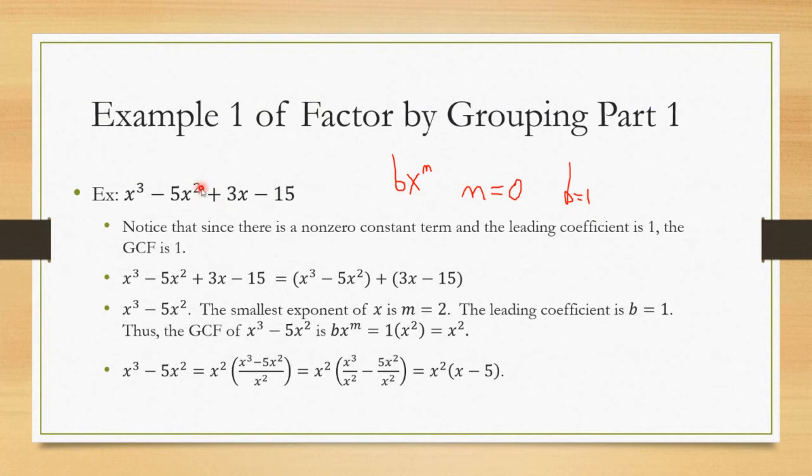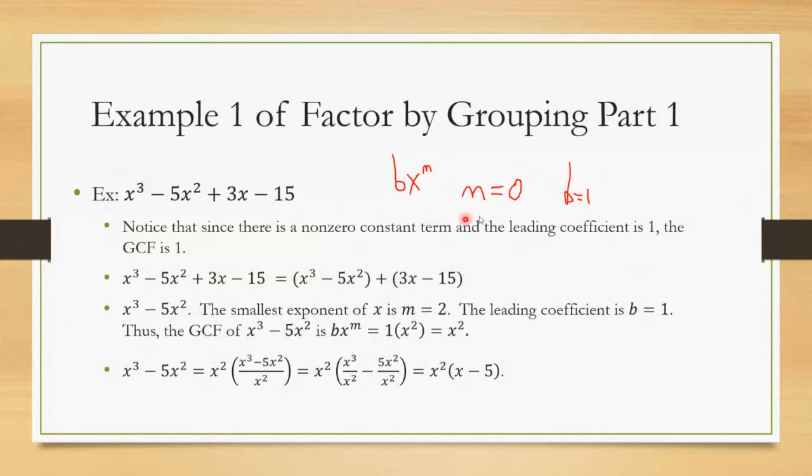Let's do this one. Now, notice that here, let's get the GCF from the whole polynomial first. We're going to take that out. Okay. Now, looking at this, we can see that there's a non-zero constant term.